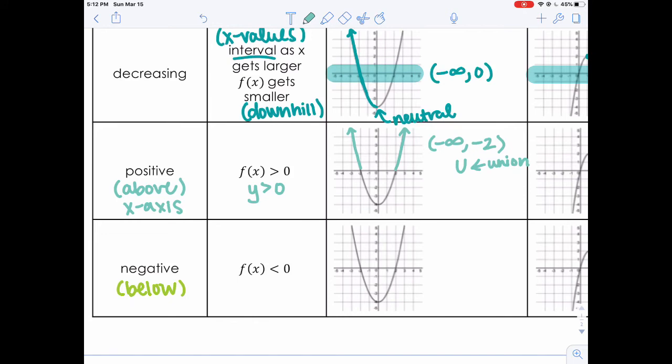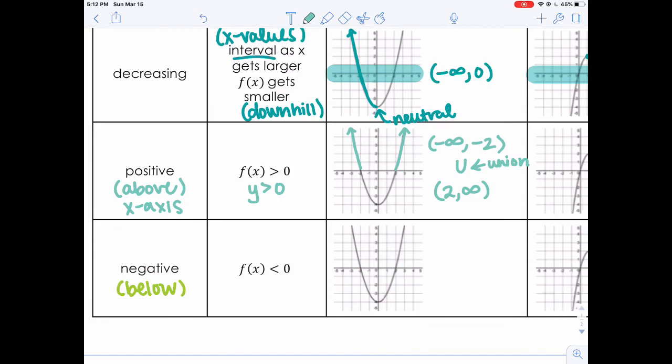So negative infinity to negative 2 in union with 2. So my second interval starts at x equals 2 and goes all the way up to infinity. So notice for none of these, I used a hard bracket because those are not included. 0 is neutral.